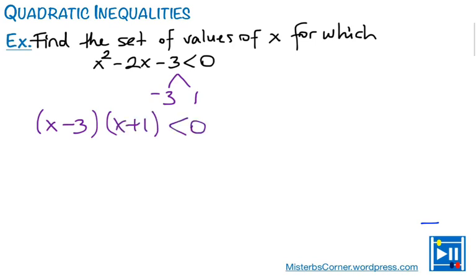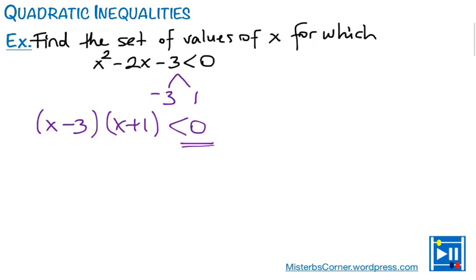So I keep writing the inequality here. And I know that if I multiply two numbers and get a negative number, because it's less than 0, then one of these numbers must be negative.